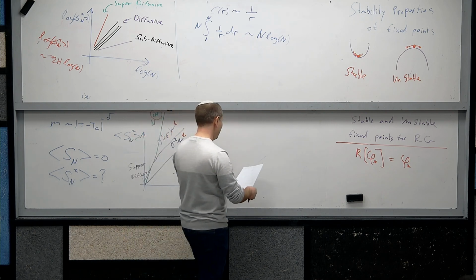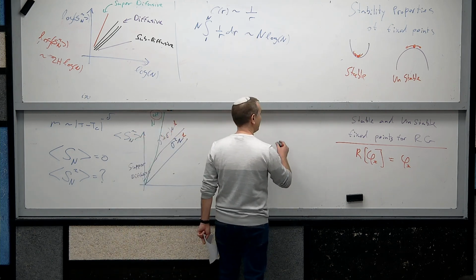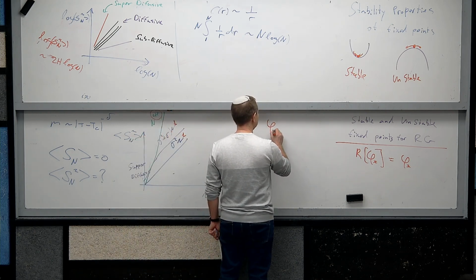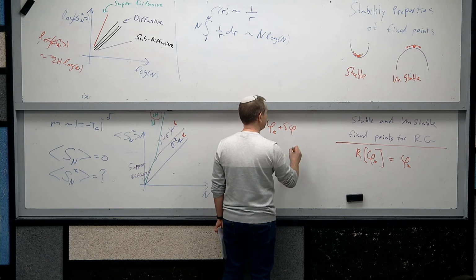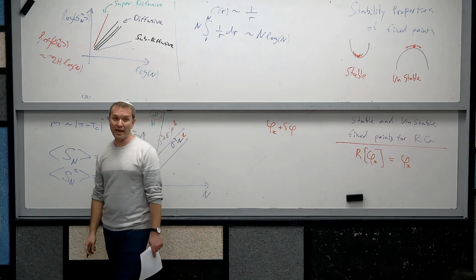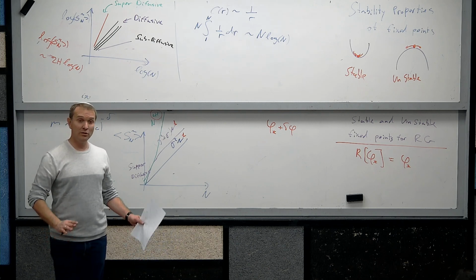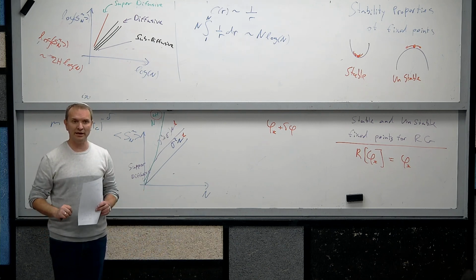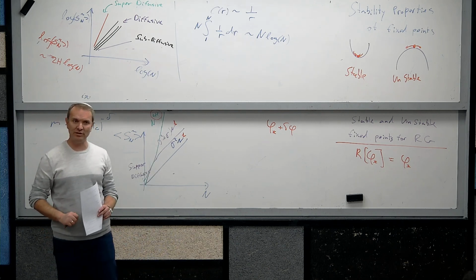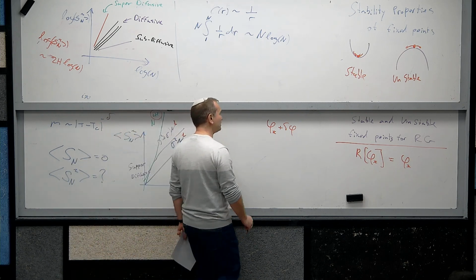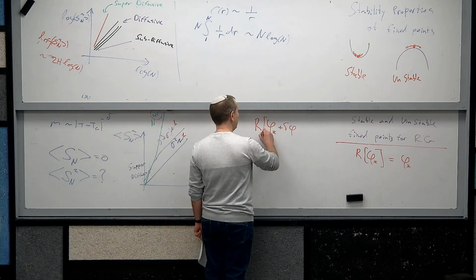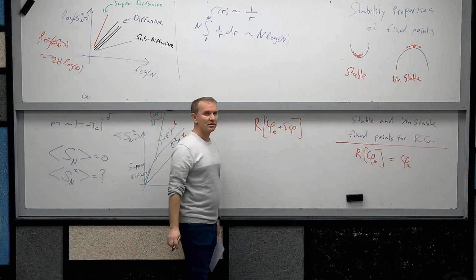But let's assume that I have phi star plus some delta phi. So I'm not exactly at the fixed point. My distribution is something else. Not the Gaussian case, not the Levy case, not some other fixed points that there are. Okay? What happens over here? And I apply this.